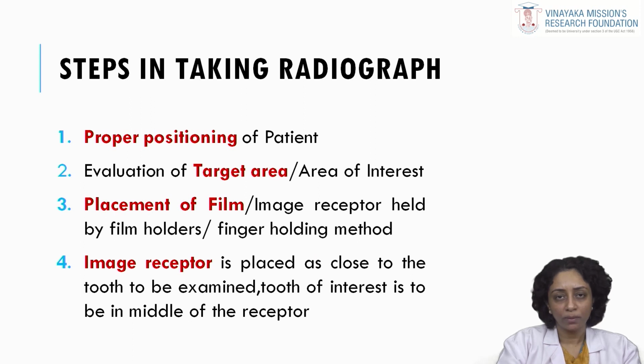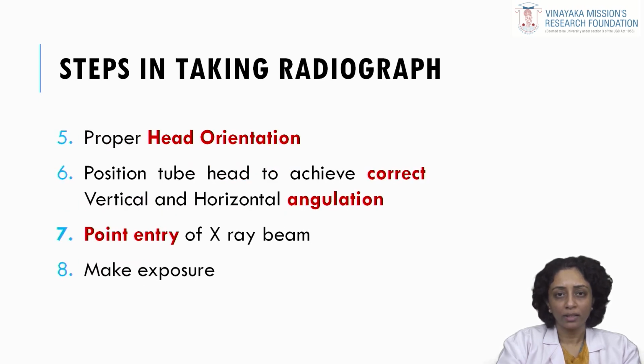Then the image receptor is placed as close to the tooth to be examined, and the tooth of interest is supposed to be in the middle of the receptor, which will cover the entire area so that the central beam falls exactly onto the bisector which has to be taken.